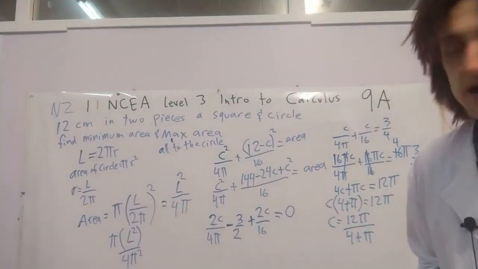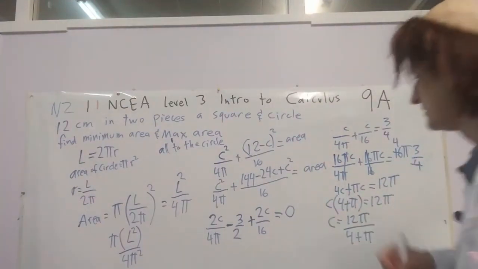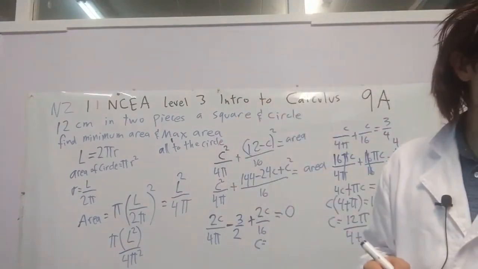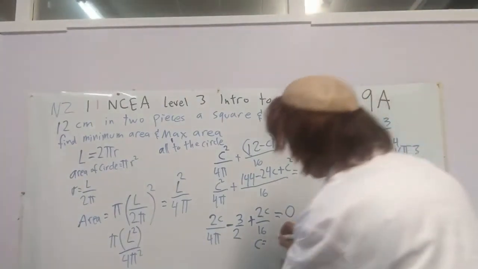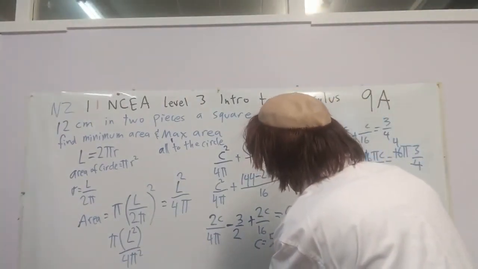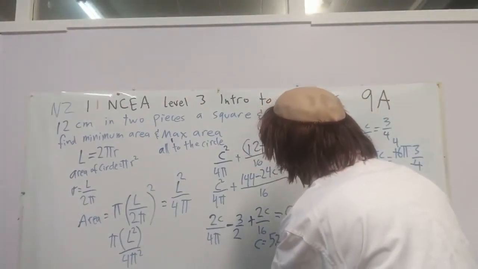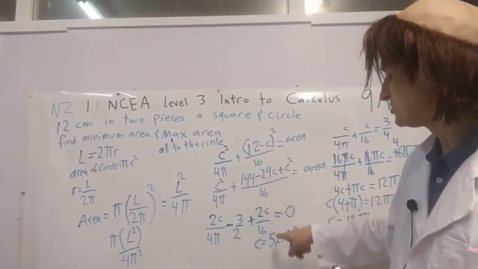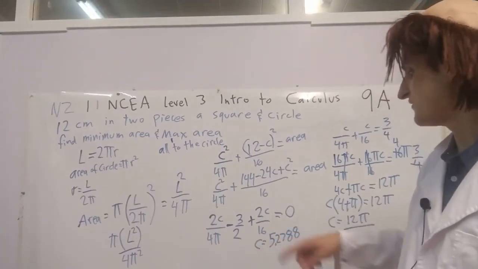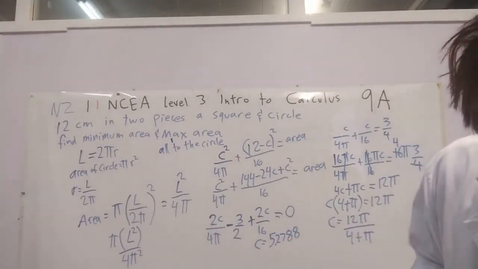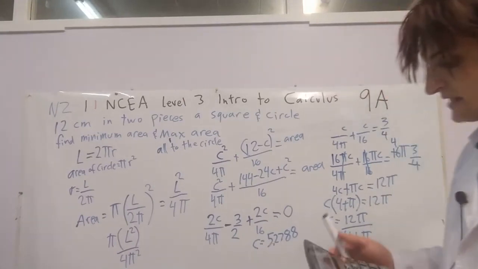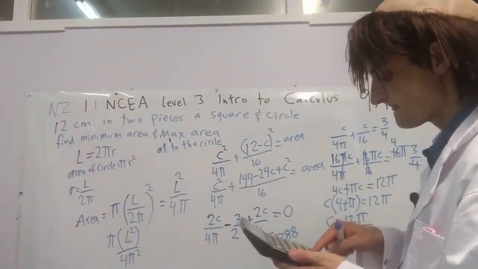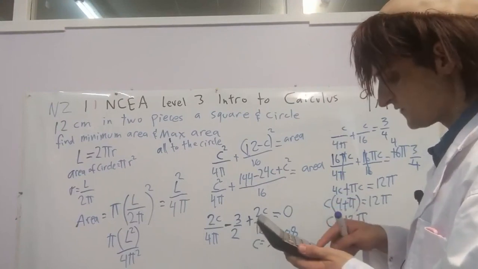And if you have a calculator, type it all in. You'll get C is equal to 5.2788. That means that the length devoted to the circle should be 5.2788. Now devoted to the square, you'll get 12 minus 5.2788.